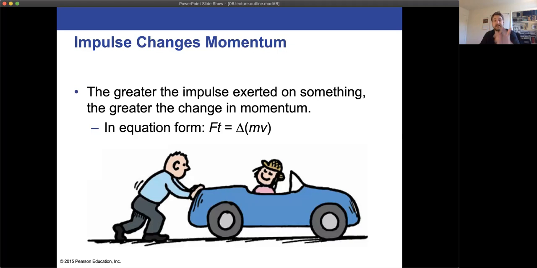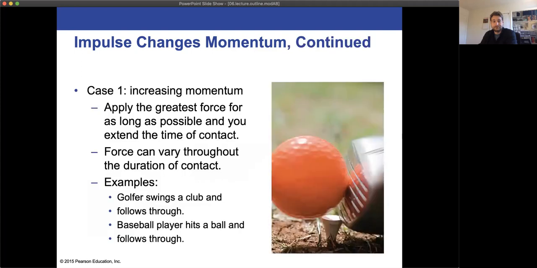So we multiply by time and we end up saying that impulse is equal to the change in the momentum. A force applied for some amount of time changes the motion. Okay, so to change the motion the greatest amount, act for longer.